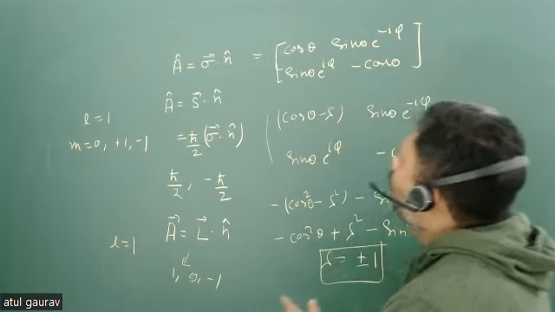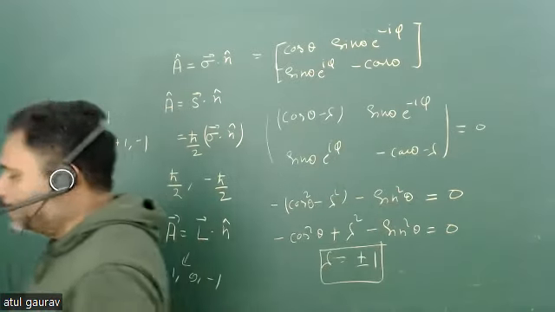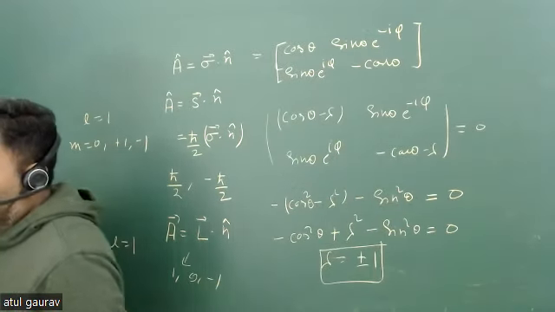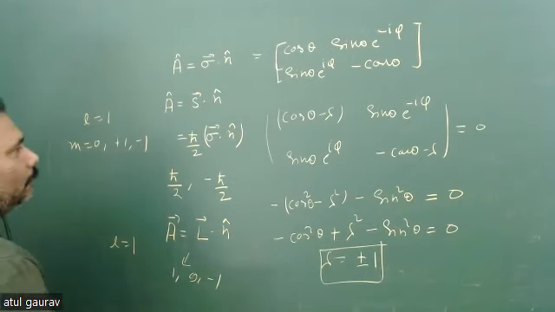And now let's try to calculate what will be the eigenvector. Okay, so let's try to calculate the eigenvector for lambda is equal to +1 and lambda is equal to -1. Clear?